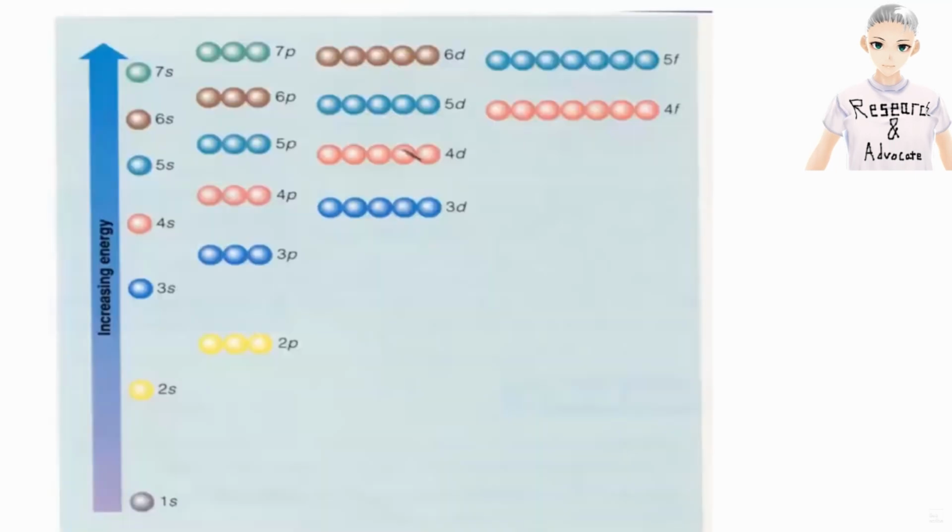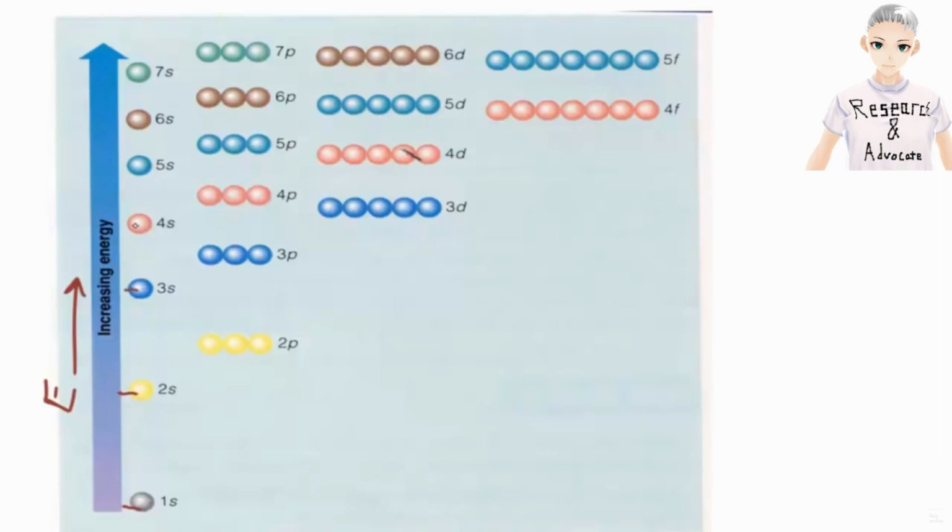So finally, a nice way to look at that is this kind of schematic. Energy is shown increasing on the y-axis, and each orbital is represented as a circle. The circles don't represent the shape of the orbital, they're just representing the existence of the orbital. So at any one energy level, there's always just a single s orbital.